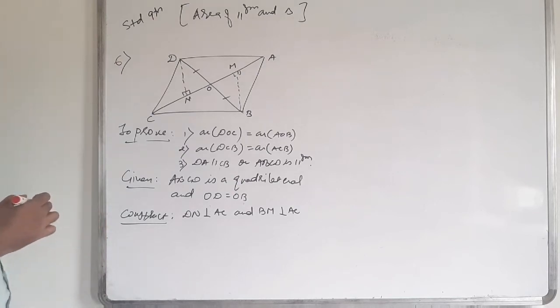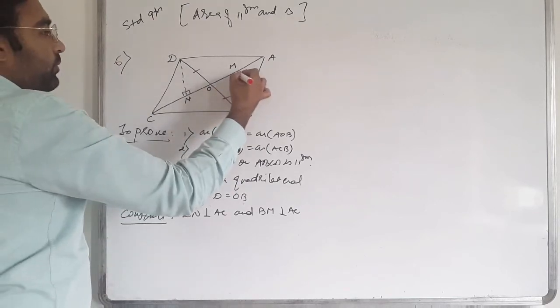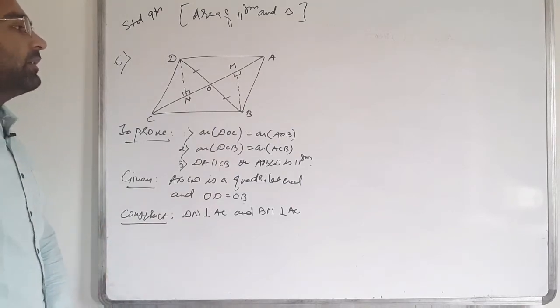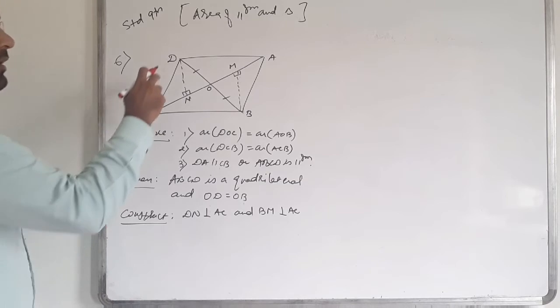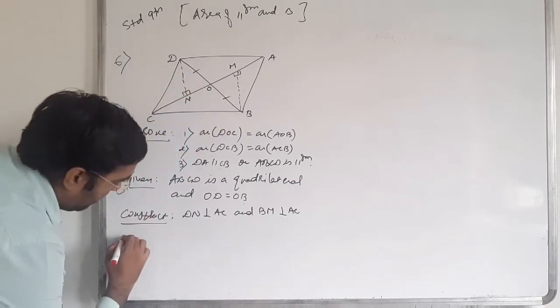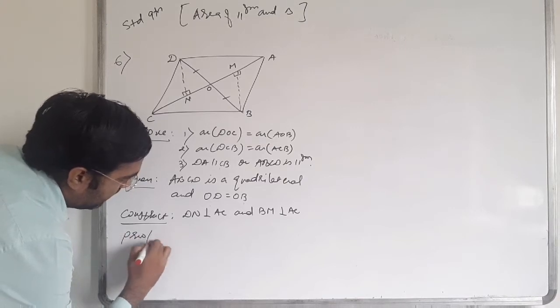Now we have to see the triangles DNO and BMO. Let's start with the proof.